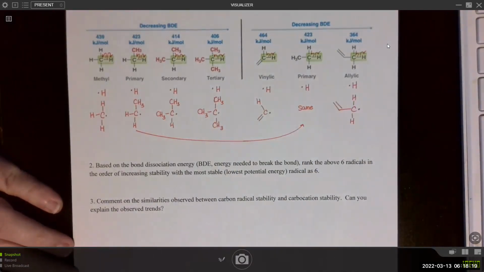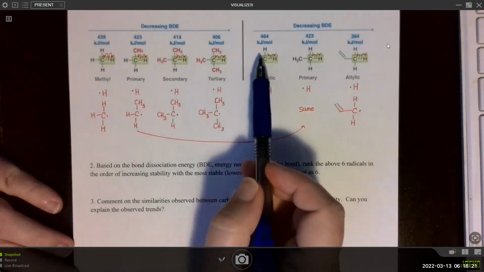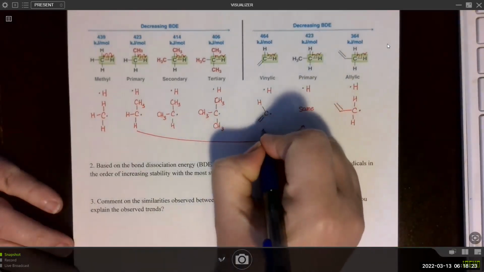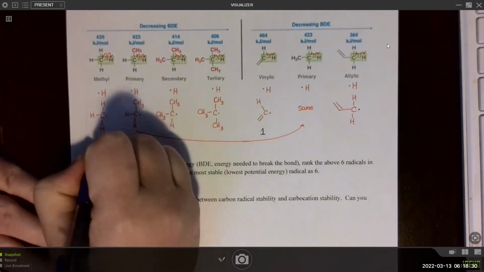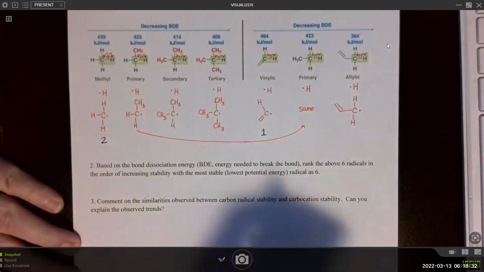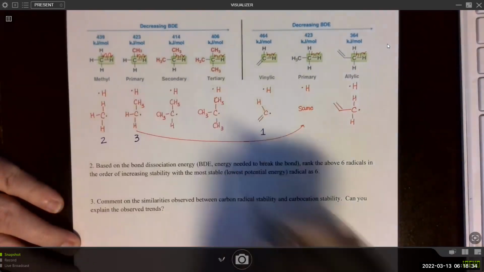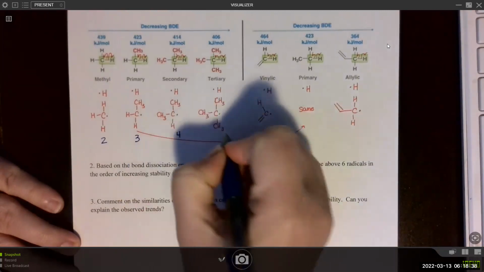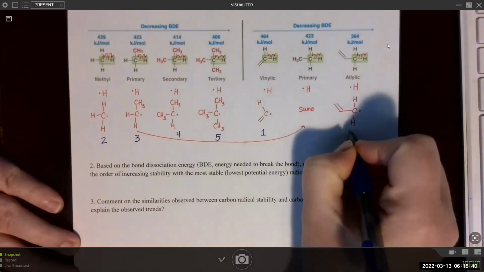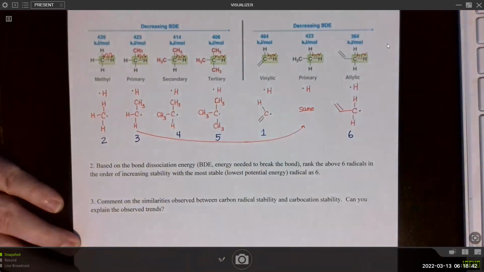Right, so we would have 464 is the highest value here, so this will be number 1, followed by 439, 423, 414, 406, and then 364.